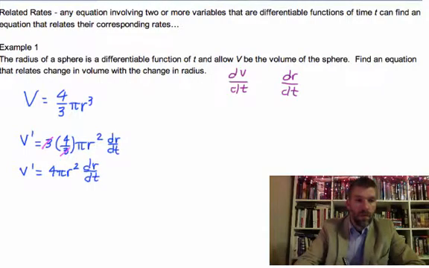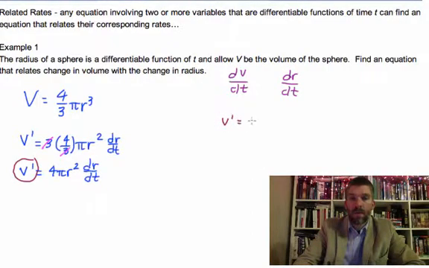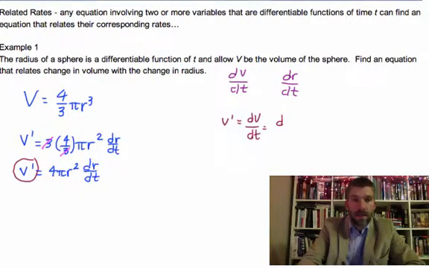We just keep in mind that V prime has a whole slew of different ways it could look. V prime is the same thing as dV/dt, which is the same thing as dV over dt, or V prime of t.